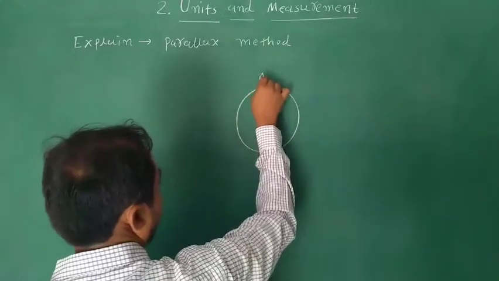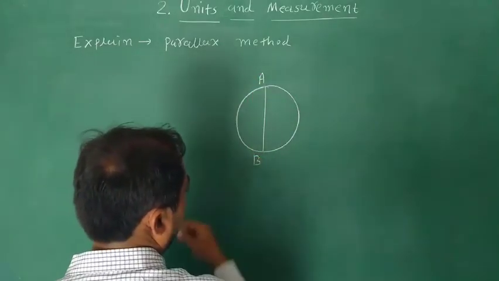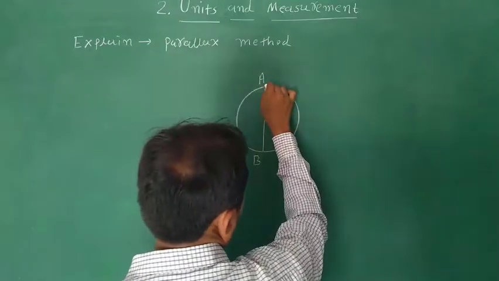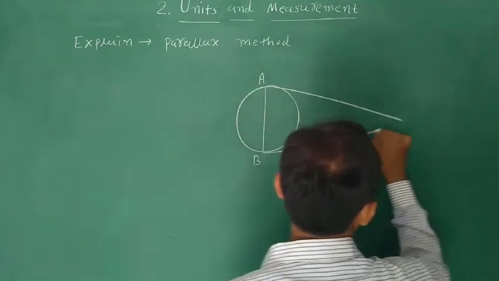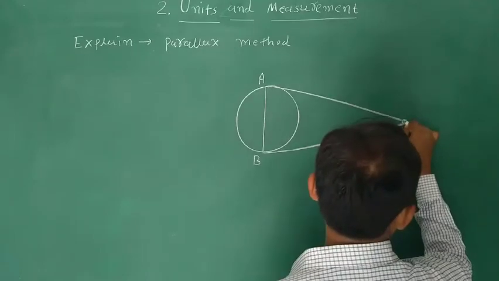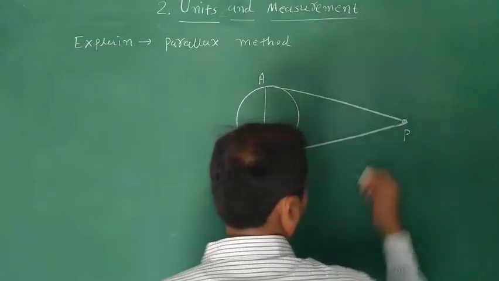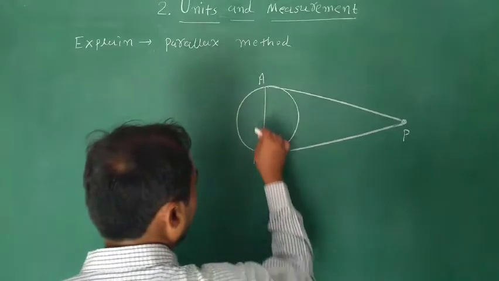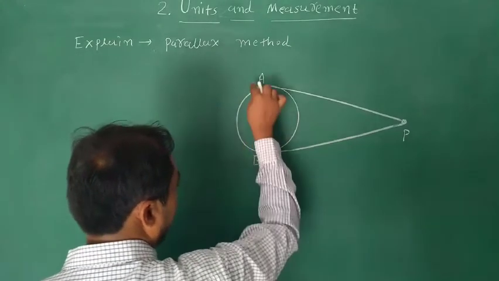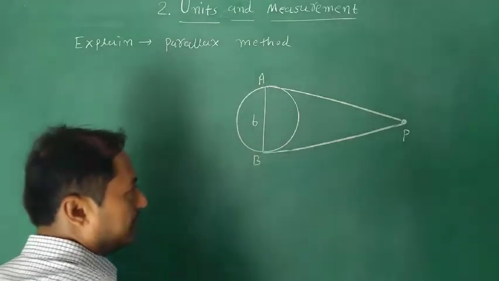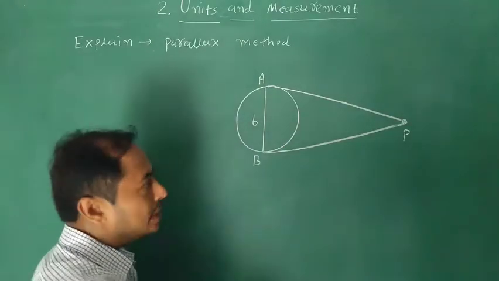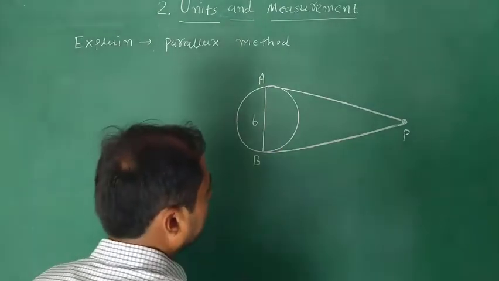Here A and B are both observers and both observe one planet. Here is one planet P. Here the distance between the two observers is denoted by small b, or it is the diameter of the Earth.